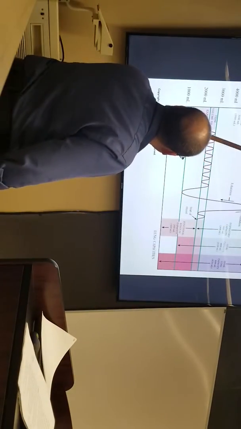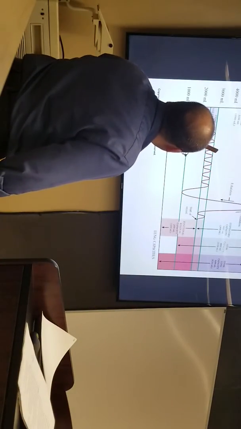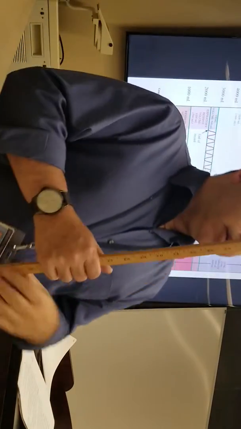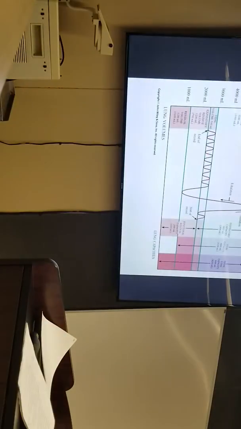Now, moving up from the graph, this area in here represents inspiratory reserve volume. Breathing normally. Everybody take a deep breath in. That's your inspiratory reserve volume. How much air you were able to get inside your lungs.